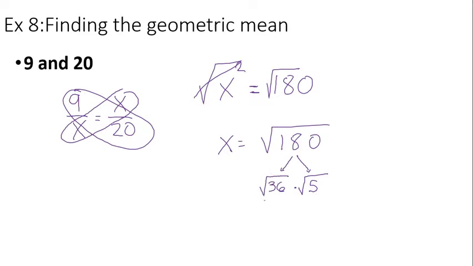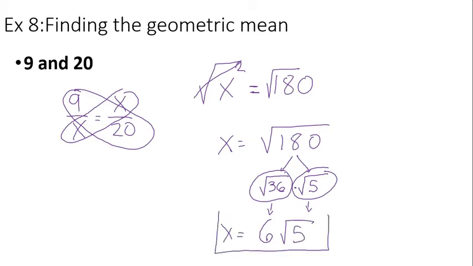So now square root of 36, this gives me a 6. Square root of 5, that stays the same. So I say here x equals 6 times the square root of 5. And this right here is my geometric mean.